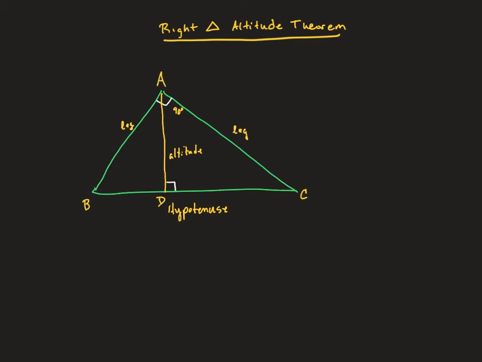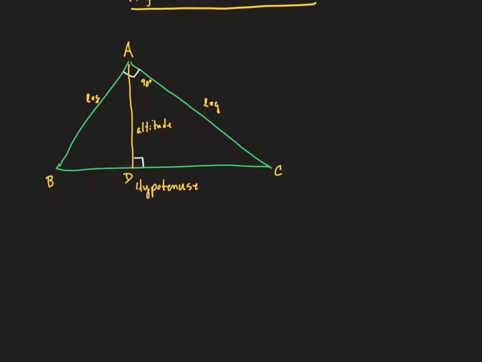So I've gone ahead and labeled A, B, C, and D. And if I were to separate those triangles, it may look something like this. Not exactly drawn to scale, but we can get the general idea. This was a 90 degree, this was a 90 degree.